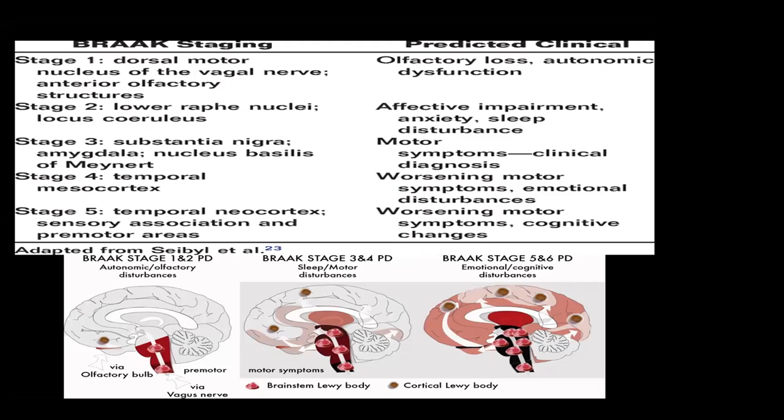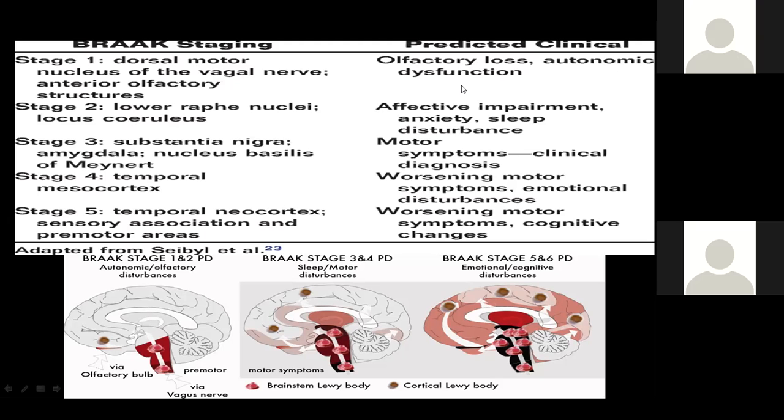In stage 1, there is accumulation of the Lewy body in the olfactory and autonomic areas and the lower portion of the midbrain, causing olfactory loss and autonomic dysfunction.